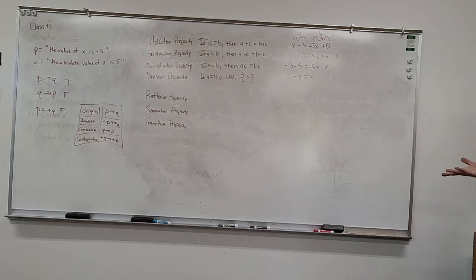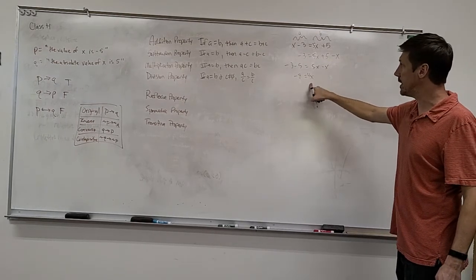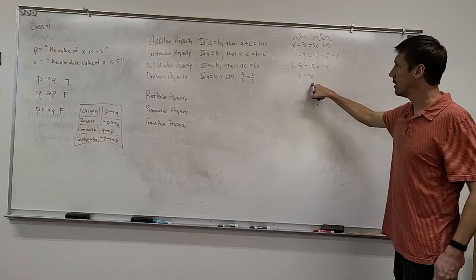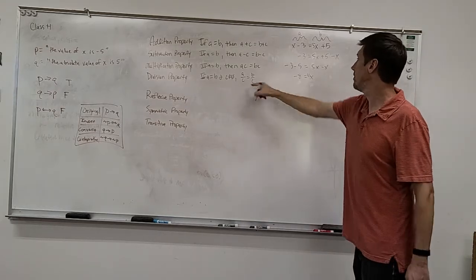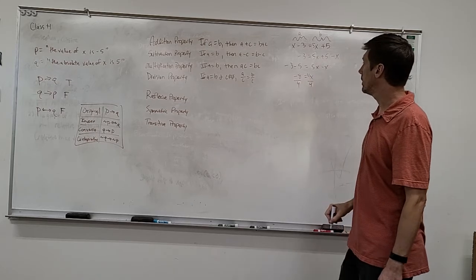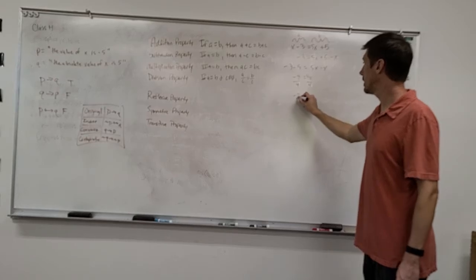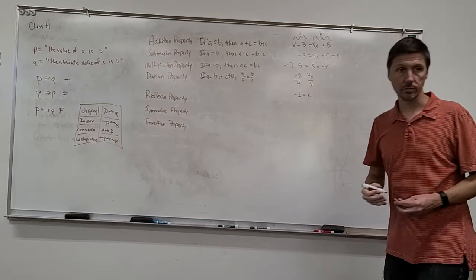So now we can use the division property to solve for our x, right? Because if this is A and this is B, and A is equal to B, then I can divide by some value C, which we're going to make C be 4, and say that that's also true, right? And so that gives us the ability to say then that x equals -2.